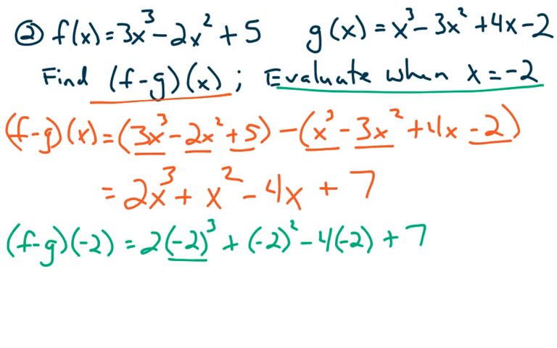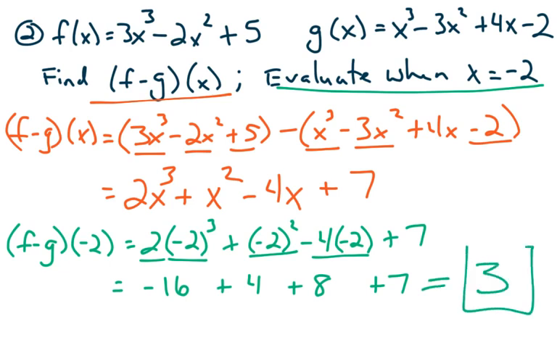So negative 2 cubed is negative 8 times 2 is negative 16. Negative 2 squared is positive 4. Negative 4 times negative 2 is positive 8, and then plus 7. So negative 16 plus 4 plus 8 plus 7 gives us in the end 3. Okay, so our answer for evaluating is 3.